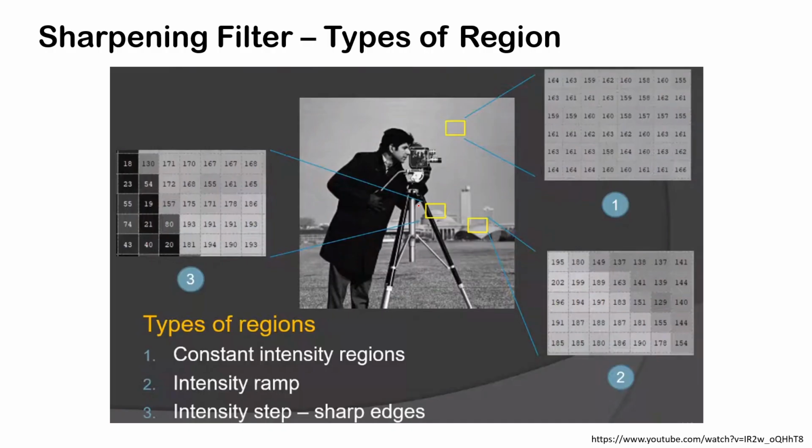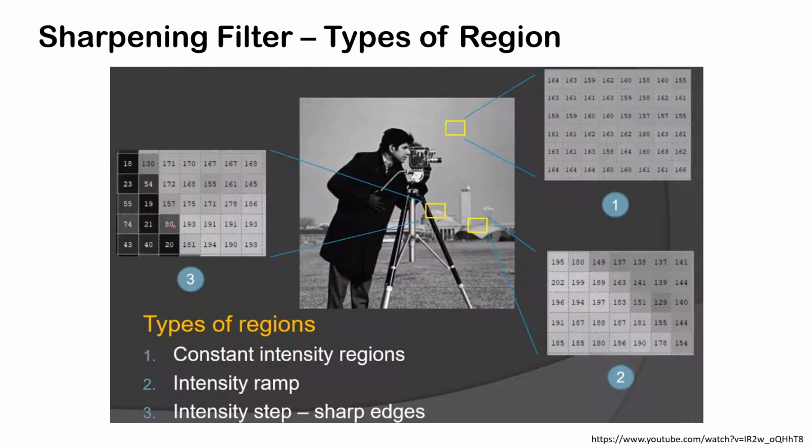So we go back to the types of regions that we learned before. There are three types basically. One is the constant intensity region, where the values are more or less the same. The second is the intensity ramp, a gradual change between the lighter and the darker area, where you can see the numbers getting lower because the pixels are darker.